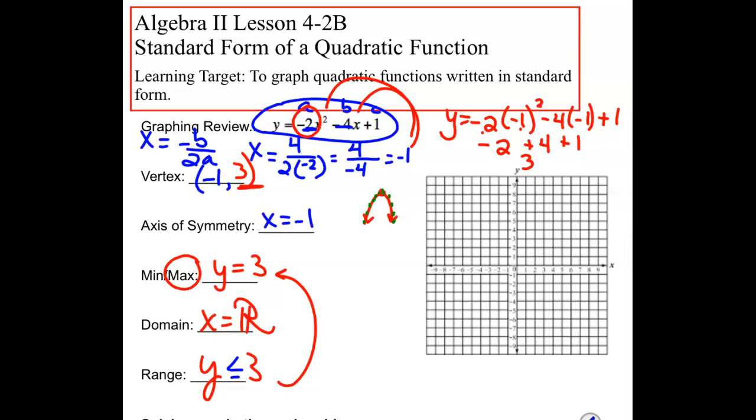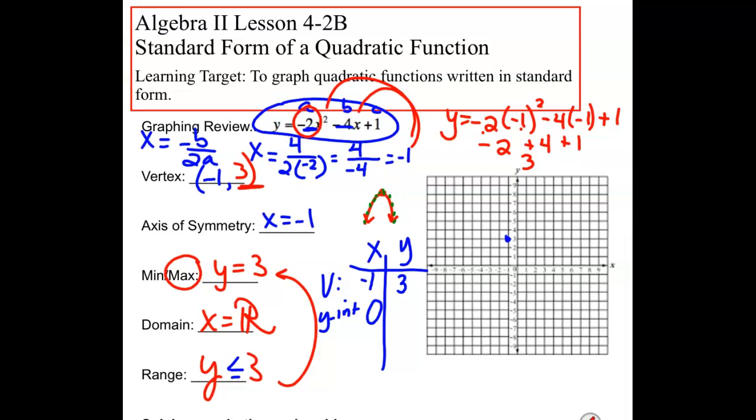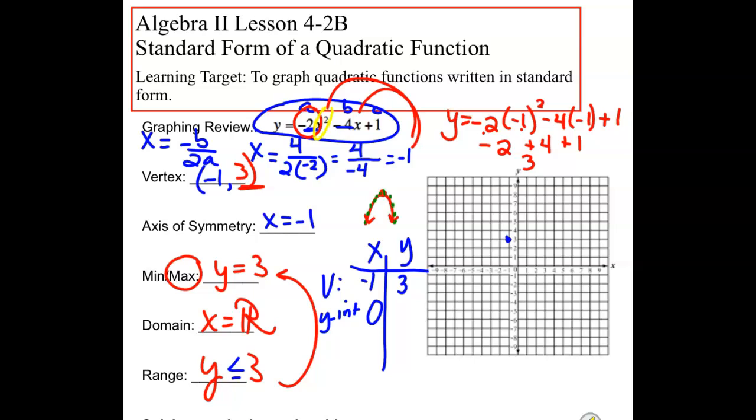All right, we need to find some points to graph. We found the vertex to be negative 1, 3, so we'll go ahead and plot that. Another easy point that we want you to find is the y-intercept. That's the value for y when x is 0. And if we put zeros in for all of our x's here, the only thing we're going to have left is our constant.